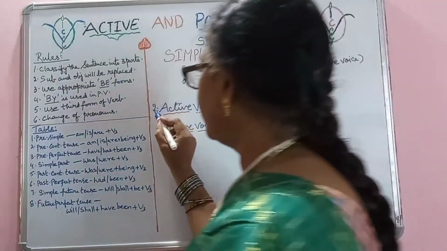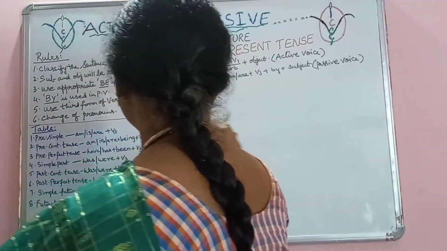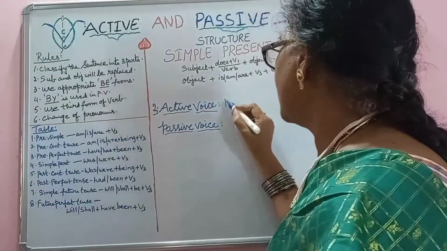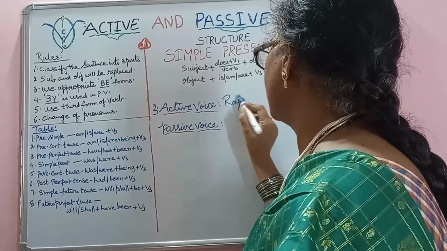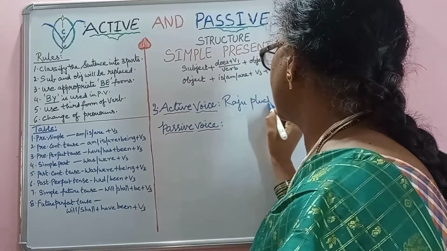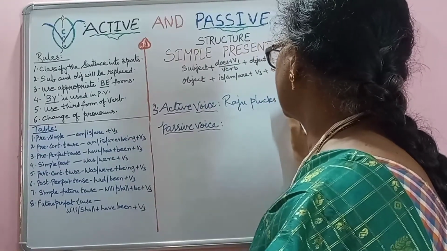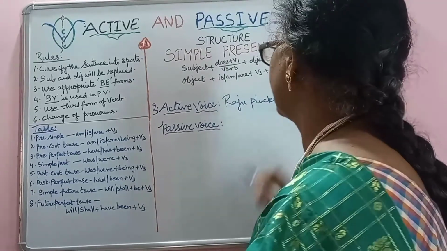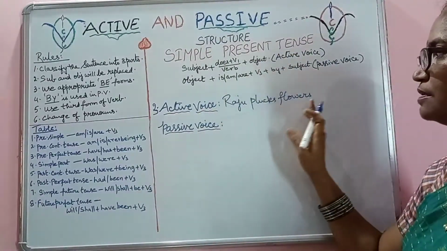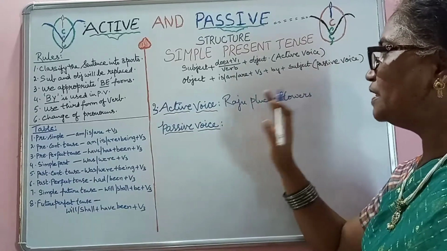This is the third example: Raju plucks flowers. Now it is very simple to change.